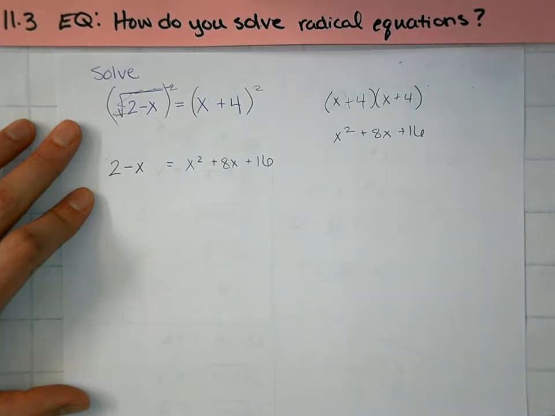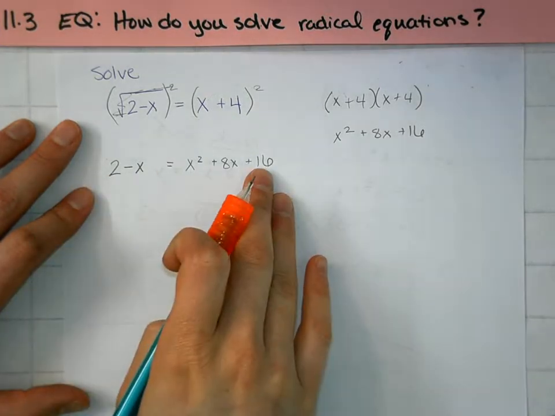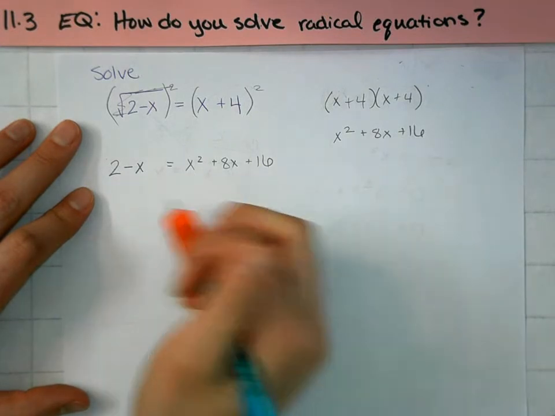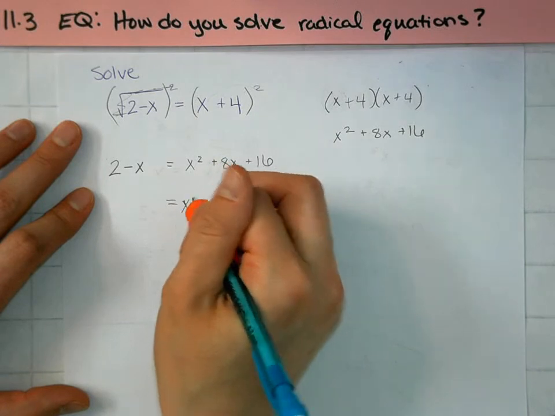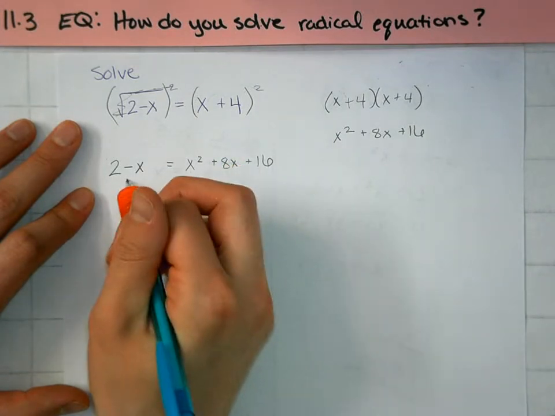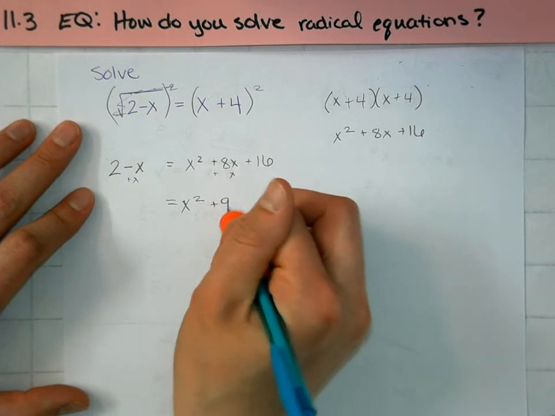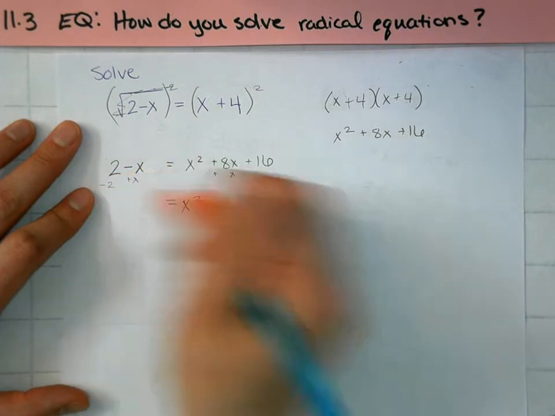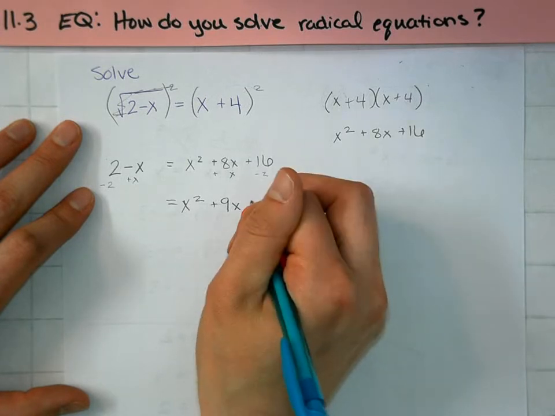This is another example where you have a quadratic, so you need to move everything to one side of the equation. I'm going to have to add x to both sides, so that's going to give me 9x, and I'm going to have to subtract 2, which is going to give me 14.